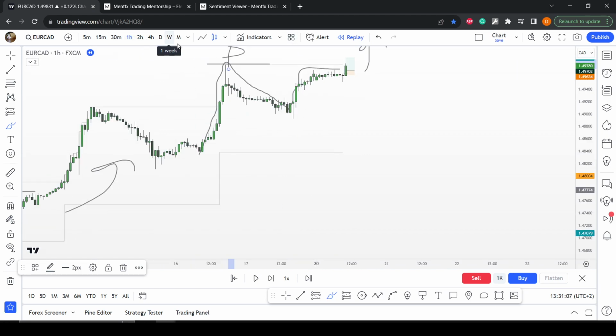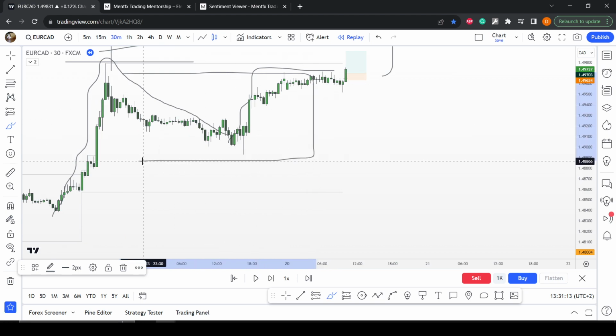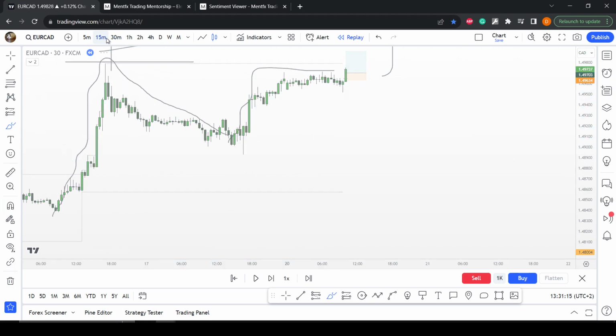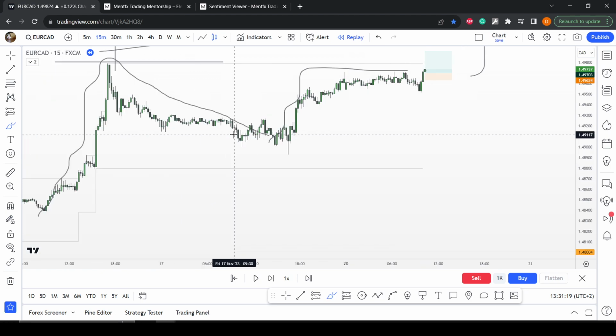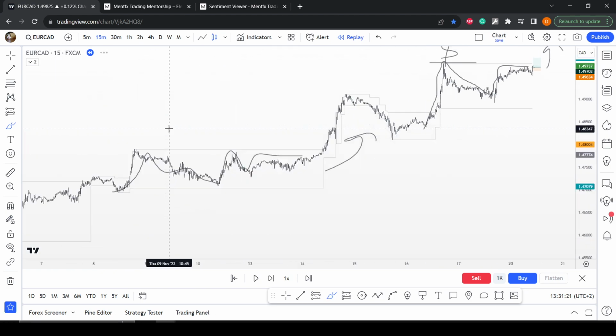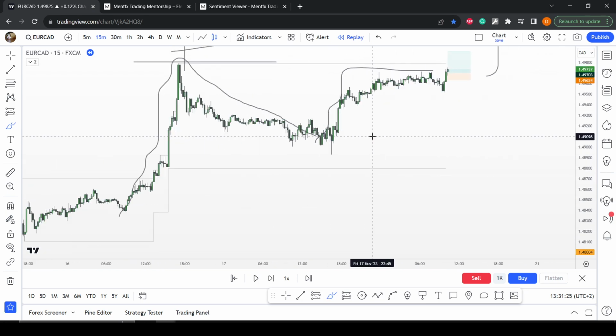So that was on 2 hours. On 1 hour the same, 30 minutes bullish. Yes, this price action is not that clean, but more detailed outlooks are showing. But I don't know why 15 minutes is showing redistribution, to be honest. It's a bit weird.